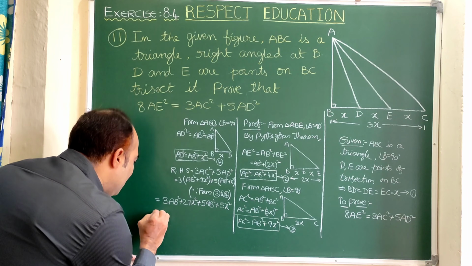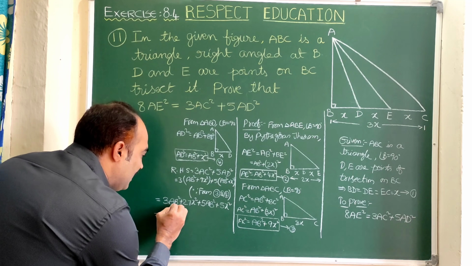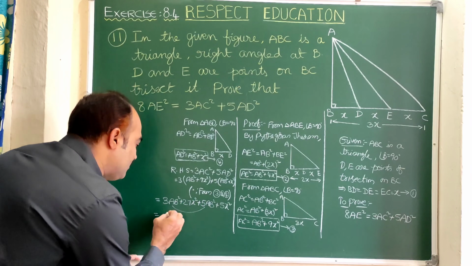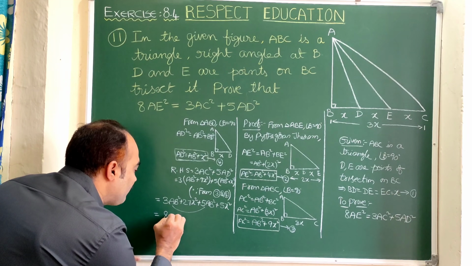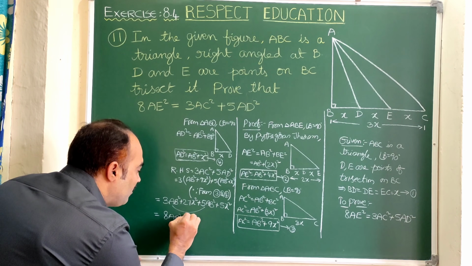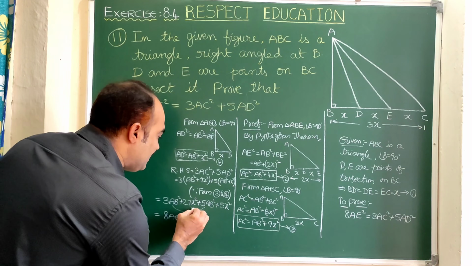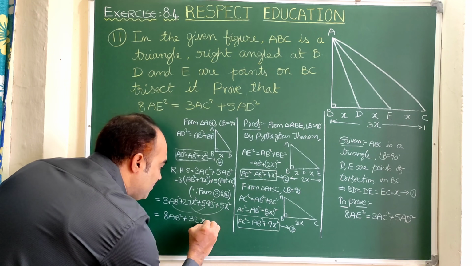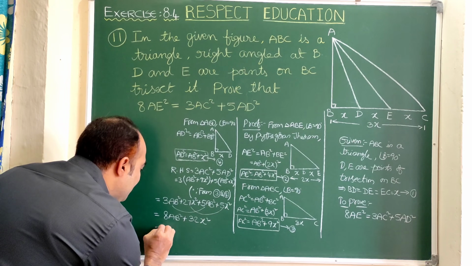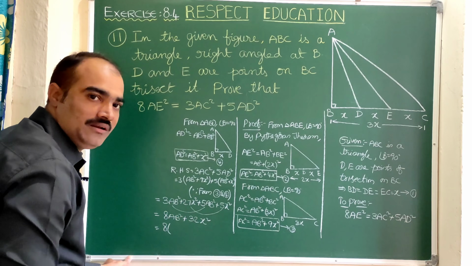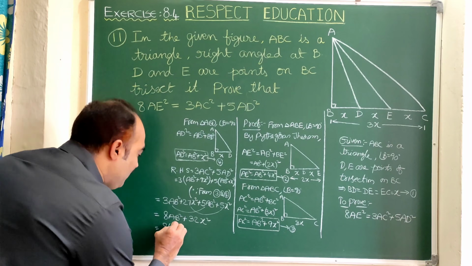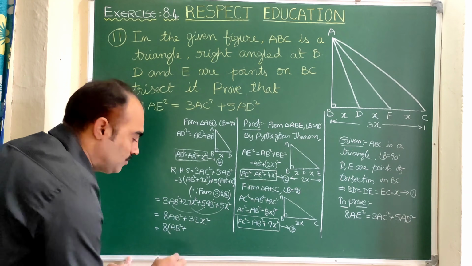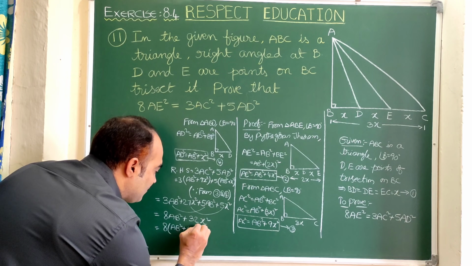Now here let us add like terms. 3AB square plus 5AB square is 8AB square, plus like terms 27x square plus 5x square is 32x square. In these two, 8 is common. If I take 8 common, then here we will get AB square plus, 8 4s are 32, so 4x square.